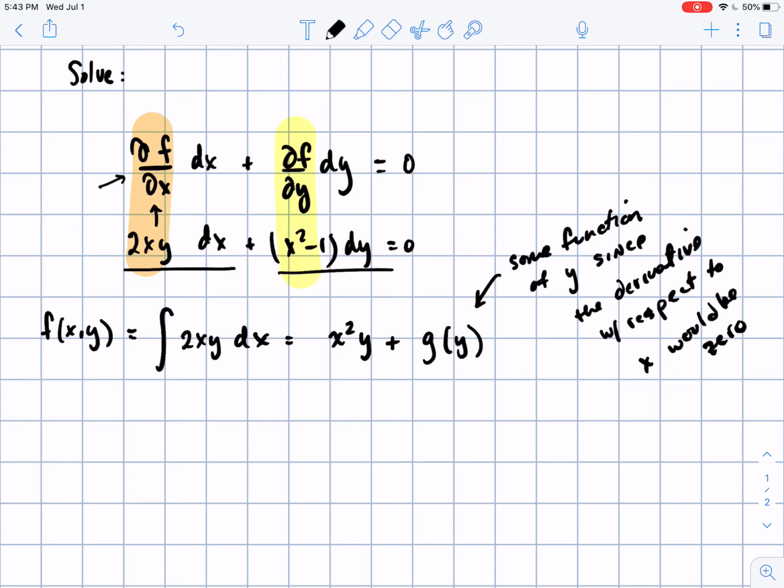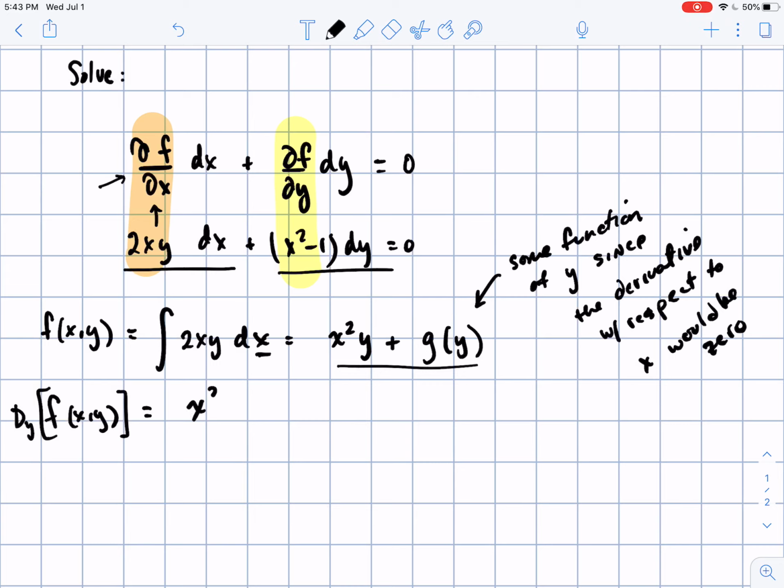So now you have this as your f of x, right? So what we want to do is take the derivative of what you found with respect to y, okay? Remember you started with respect to x, now with respect to y.